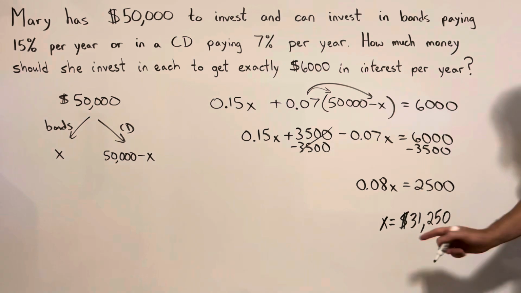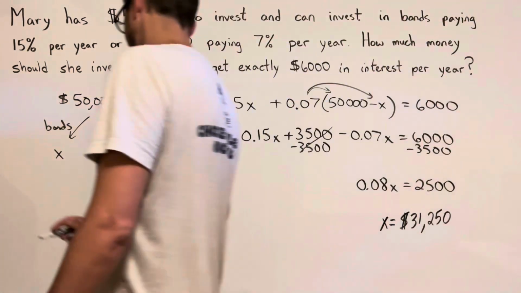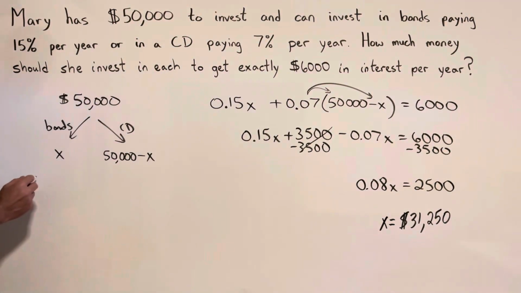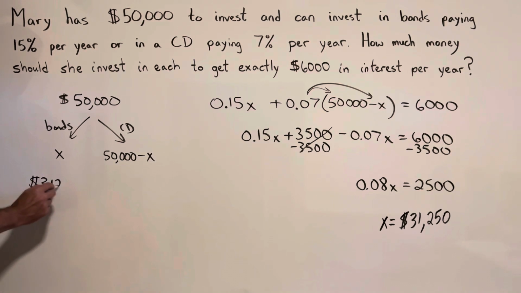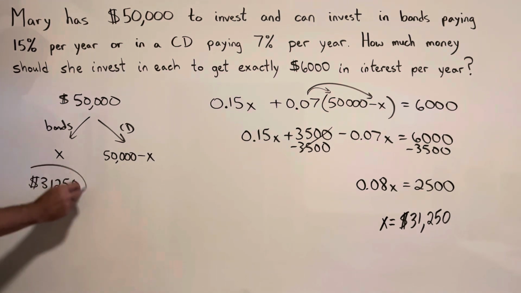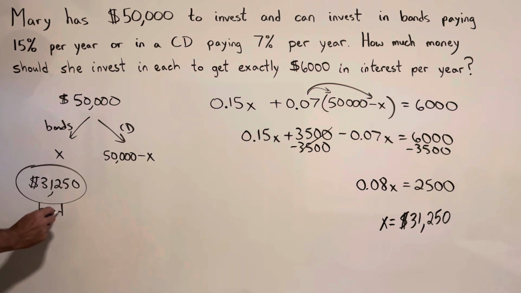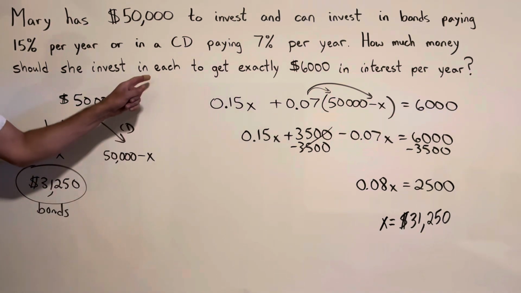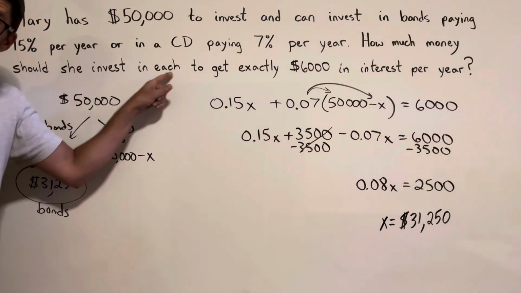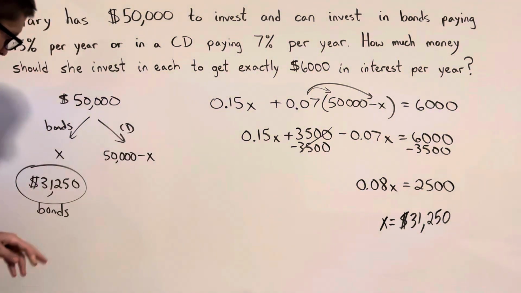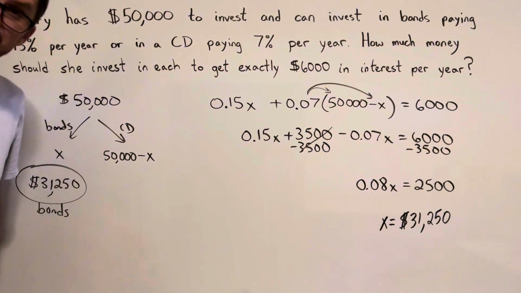And that was 31,250, so we figured out the bonds. To get the amount in the CD, remember it says how much should she invest in each, so it's looking for both the amount going into the bonds and the amount going into the CD.